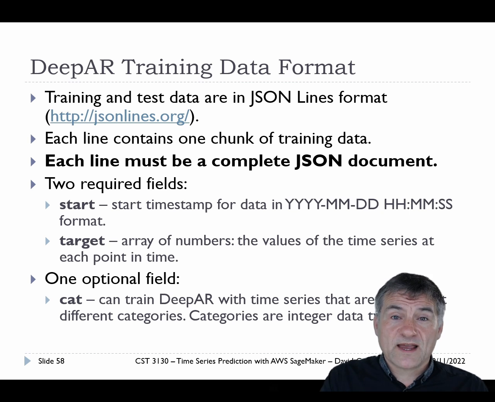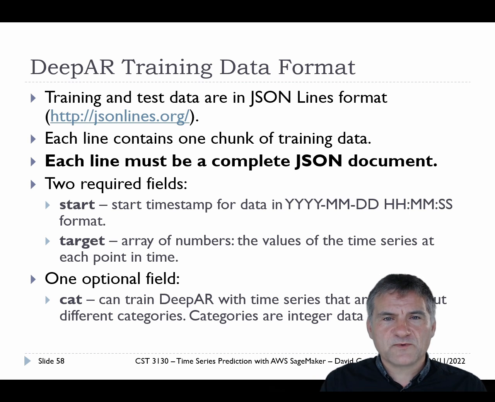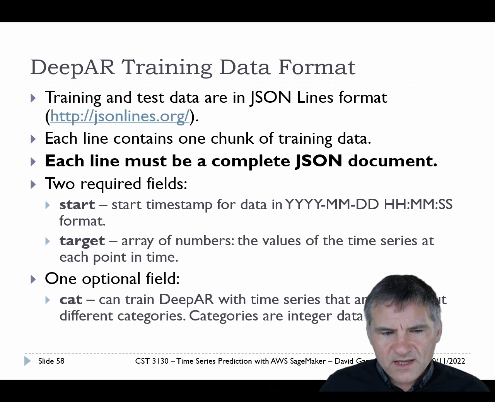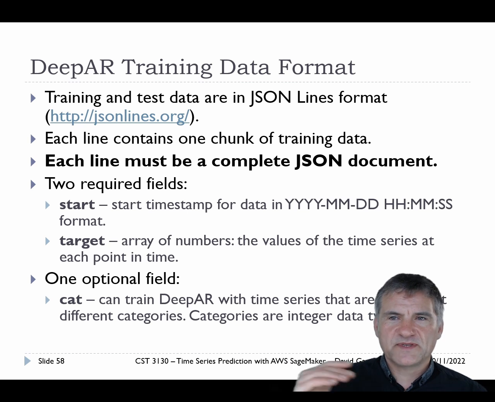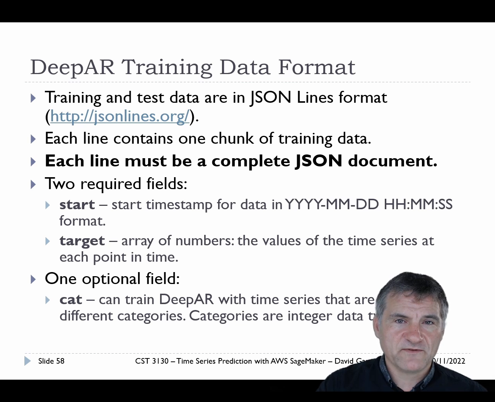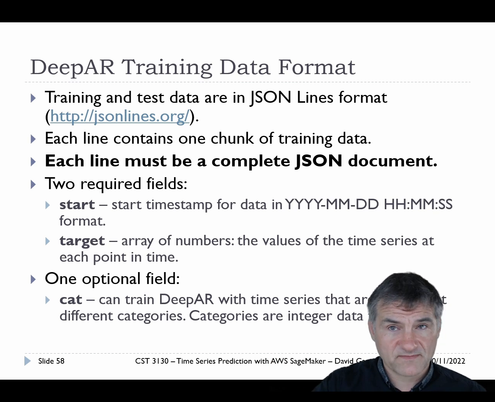That's why I'm providing you with synthetic data, so you understand what the data needs to look like, so you can then get your real data to look like that as well, and get the machine learning working correctly. So we've got start and target, and then we've got cat, which I'll come to later, but that just means you can provide categorical data split into multiple lines if you haven't got enough data to train individual models on each item, each feature.